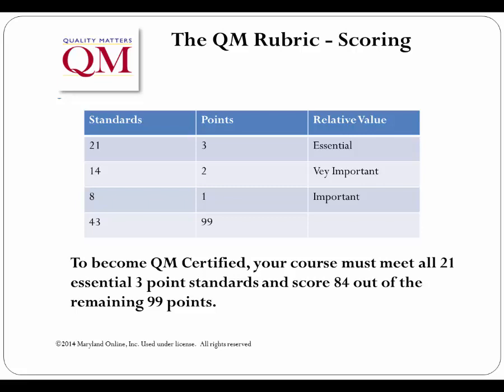Your course must meet all 21 of the essential 3-point standards. And then there are 14 2-point standards, which are considered very important. It is not necessary that you meet all those standards to become QM certified. And then you have 8 1-point standards that are considered important. And again, to become certified, you must score 84 out of the remaining 99 points with the 2 and 1-point standards.